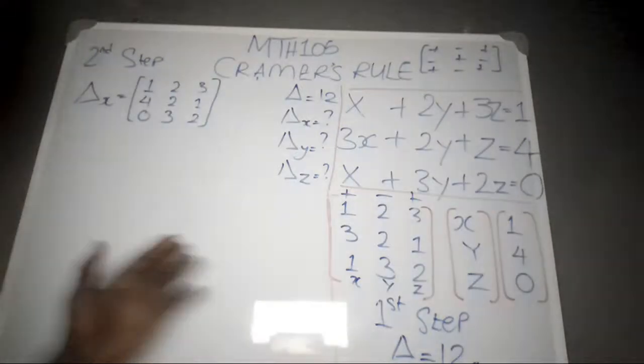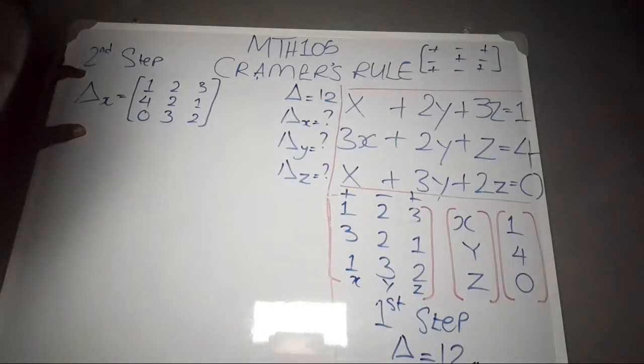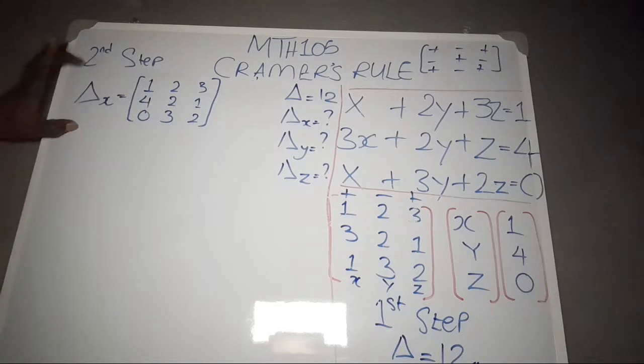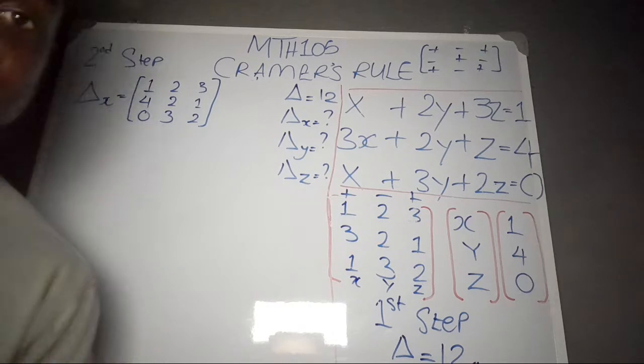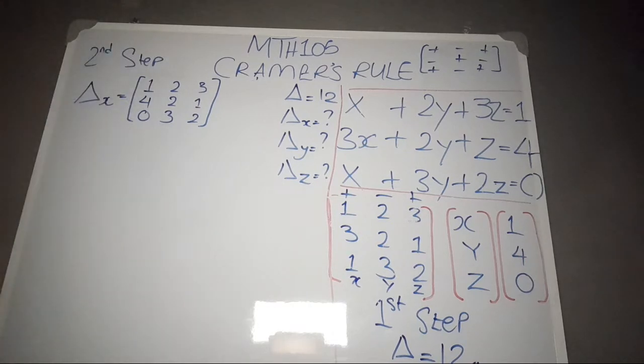Okay. Do we understand up to this length? Are we all on the same page on this, solving for the determinant of x? Okay, awesome. Mr. Daniel said we are together.